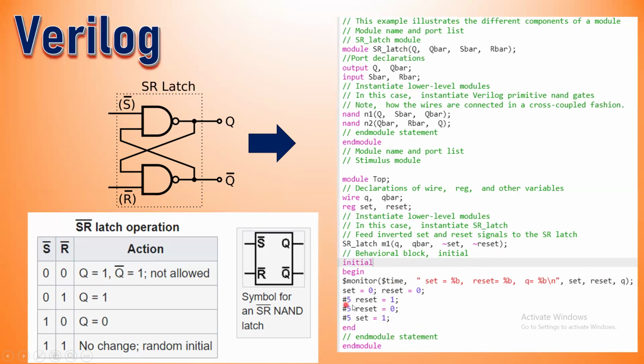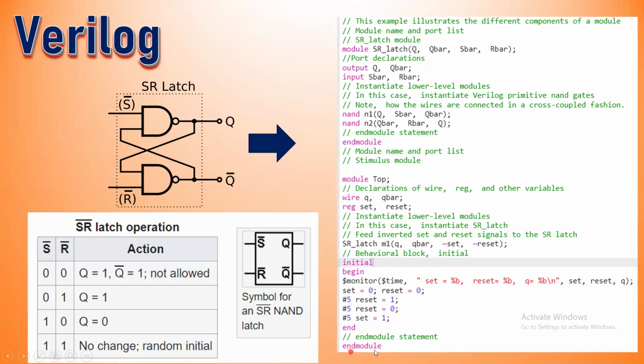And then after 5 time steps, I am changing reset and setting it to 1. So the reset input is 1 here. After 5 time steps, again, I am setting reset to 0. And then after 5 time steps again, I am changing set to be equal to 1.